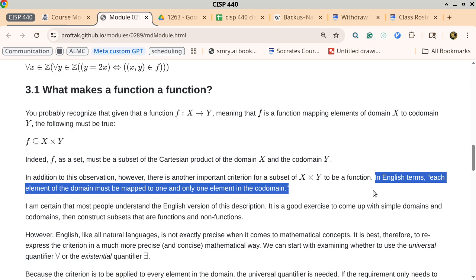So that's why F being a set with only one element, which is 1b as a two tuple in this case, means that F is not a function. Once again, this is false. Are we doing okay so far? All right.